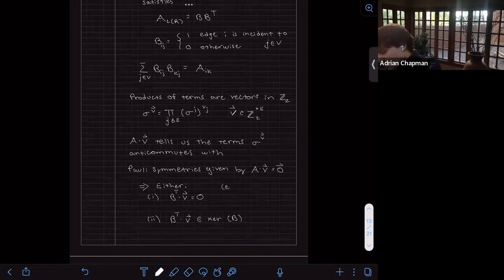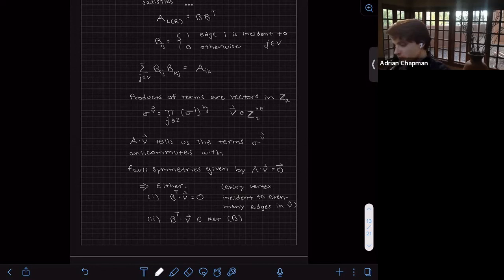So every vertex incident to even many edges in the subset labeled by v.